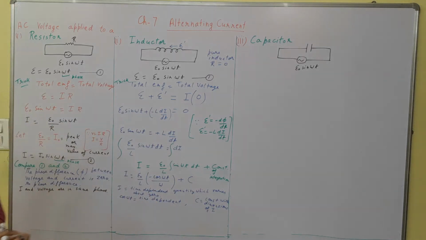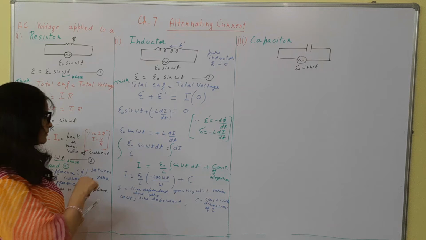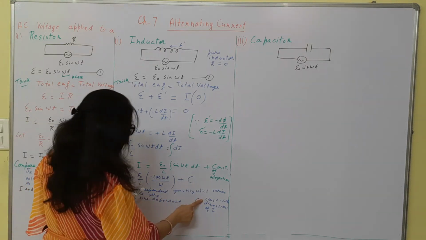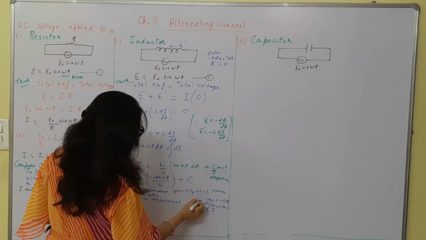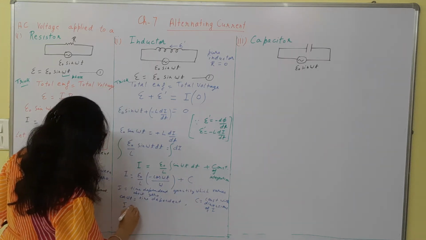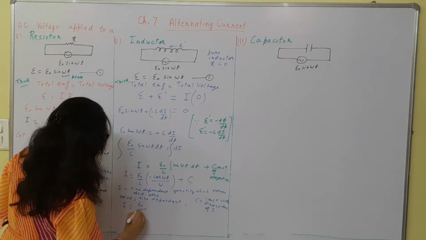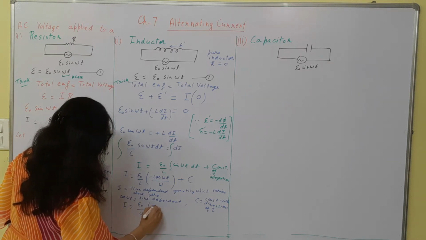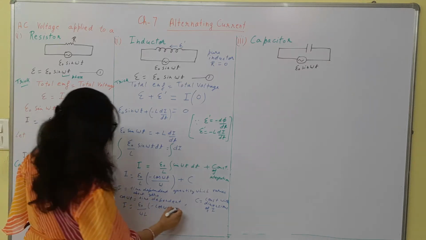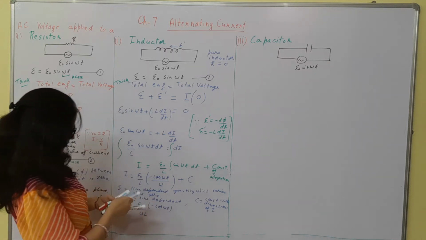So as per this equation, this must also have a value 0 in order to have the equation E naught upon omega L, minus cos omega t. I will just mention it.